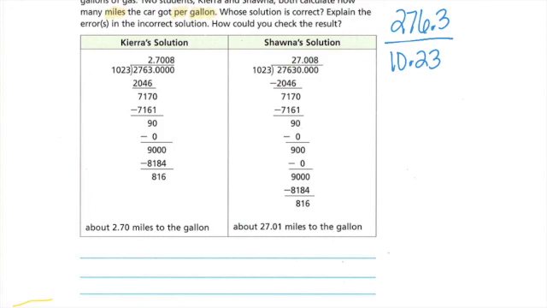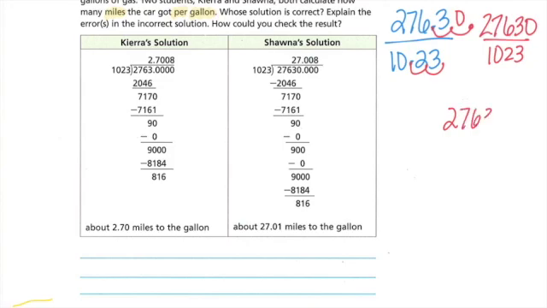Remember how we had to have the bottom number be a whole number? So we'll move the decimal 1, 2. So then this goes 1, 2. So it's 1,023. On the top number, we have an empty blank, so we'll add a 0. 27,630. Then the top number goes inside the box, and the other number goes outside the box, just like that.